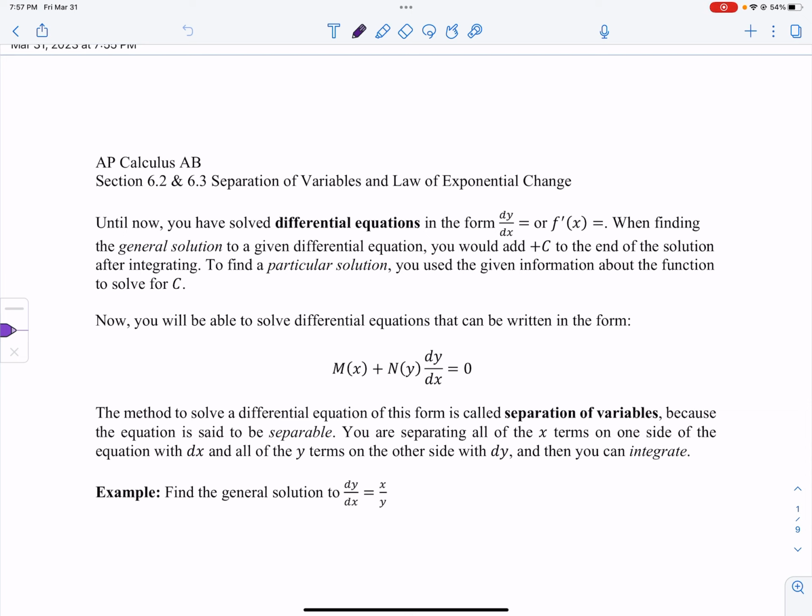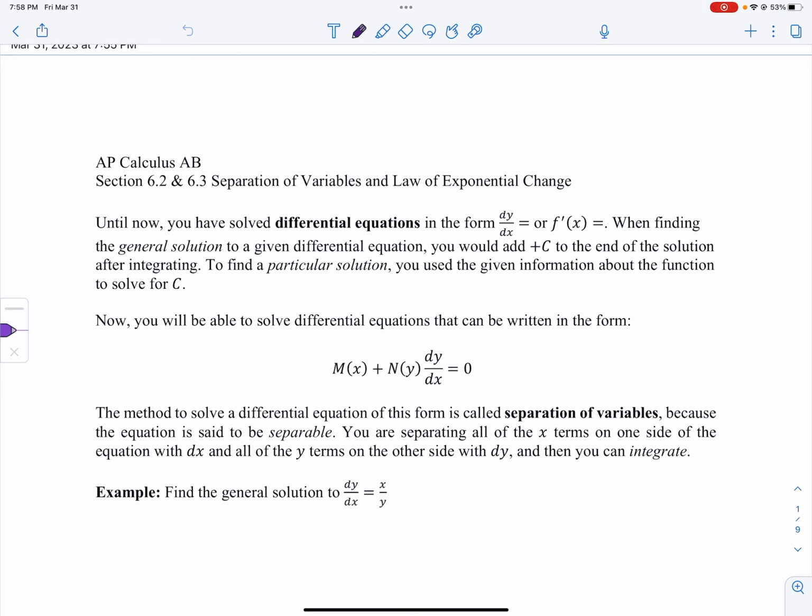And when we find the general solution to a given differential equation, you have the plus c to represent the infinitely many possible values that c could take on, and the infinitely many possible antiderivatives that solution could represent. And then a particular solution means that you're using given information, which we call the initial value, in order to solve for c and find a particular solution.